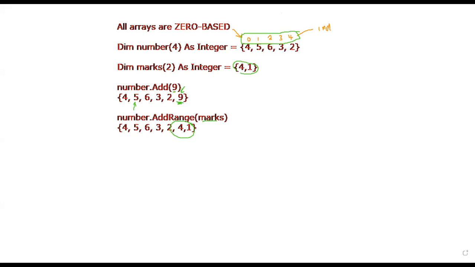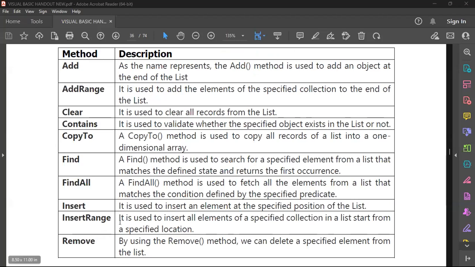Then we have the insert range. Insert range does the same thing, just like add range does. That will insert some number of elements in the list starting from a specified location. Then we have remove.